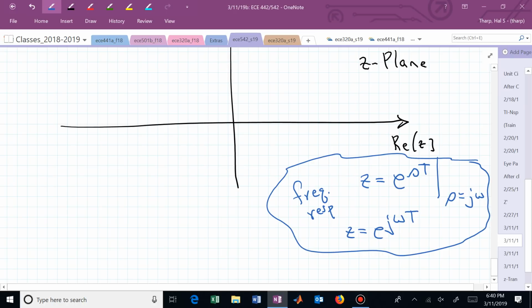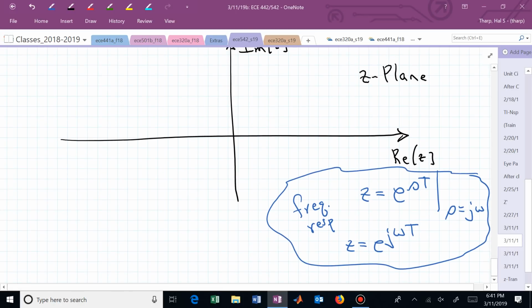We evaluate z at e to the j omega T. Where does that put us in the z-plane? In the s-plane, it put us on the imaginary axis. Where do those locations map in the z-plane?